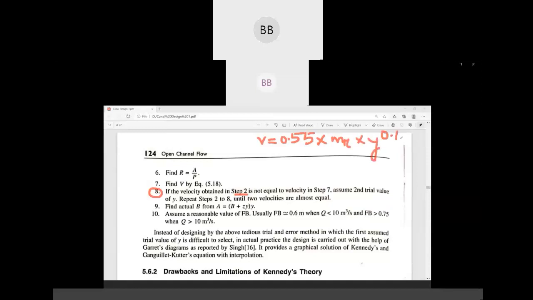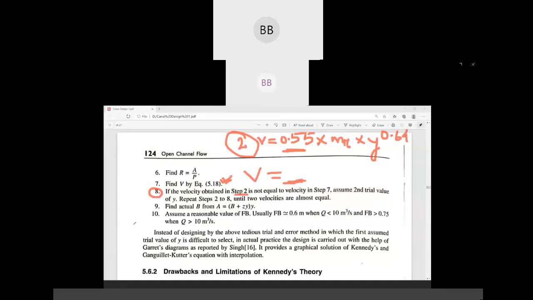So in step number 2, we have calculated the velocity using this equation. In step number 7, again we have calculated velocity with that equation. Now we have to check whether this velocity and the velocity you calculated in step number 7 are equal or not.